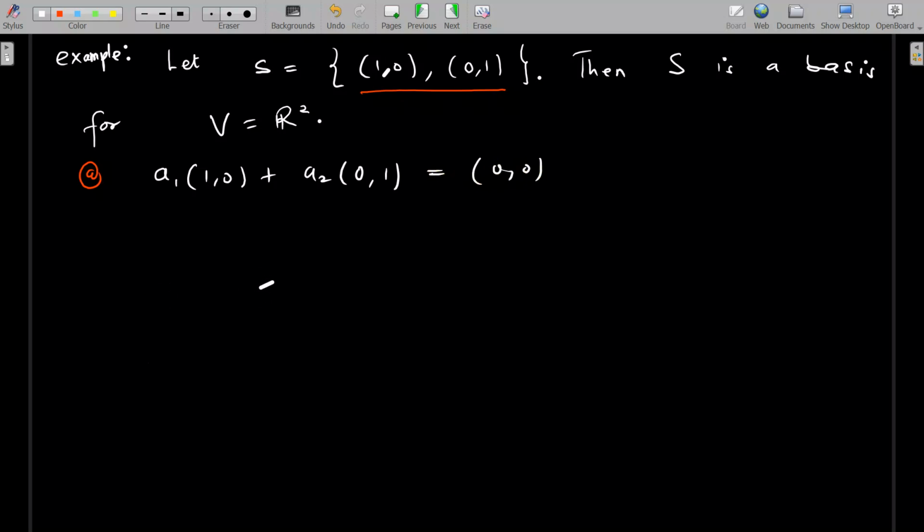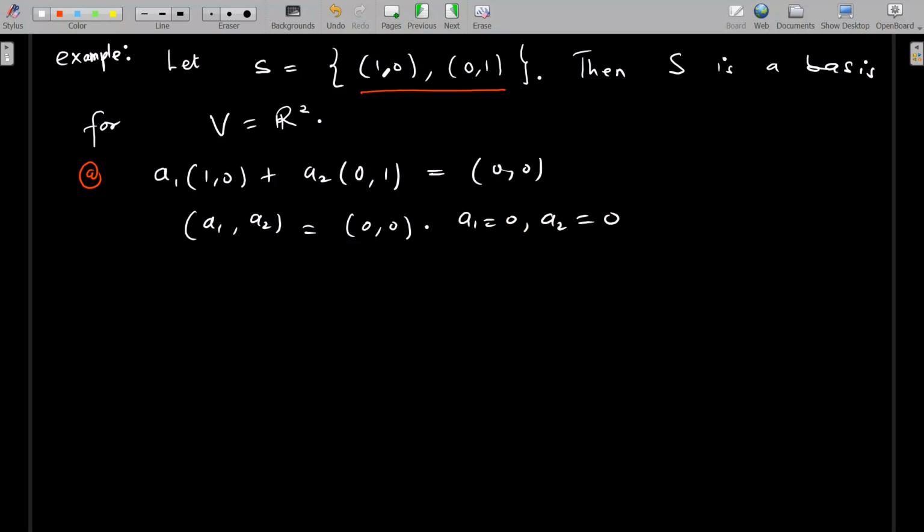And if you do the distribution and simplification, you're going to have (A1, A2) being equal to (0, 0). Yes, if you have two vectors and we are saying they are the same, then A1 should be equal to 0, A2 should be equal to 0.